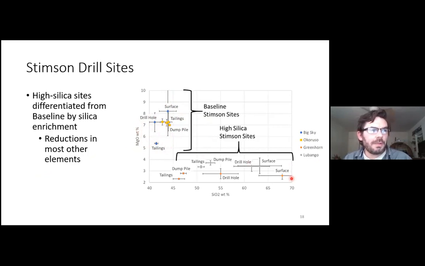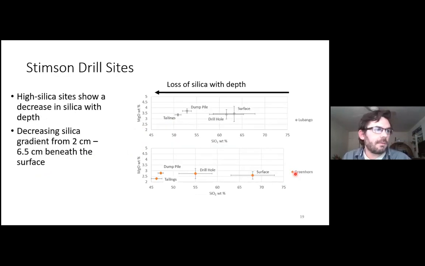Over here, we have the same averages for the high silica Stimson sites. What's important looking at this material is that we go from the surface to the drill hole wall to the dump pile and the tailings in both sites.